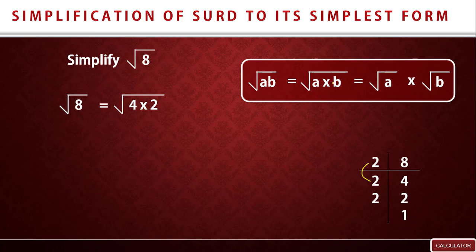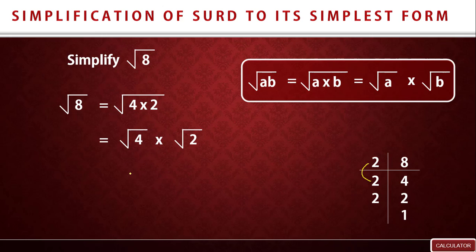Now if you look at this, the square root of AB here is the square root of 8, and the square root of A times B, we've broken the 8 to 4 times 2. Then we now want to break them into parts by saying the square root of 4 separate and the square root of 2 separate. You get that now? So what's the square root of 4?